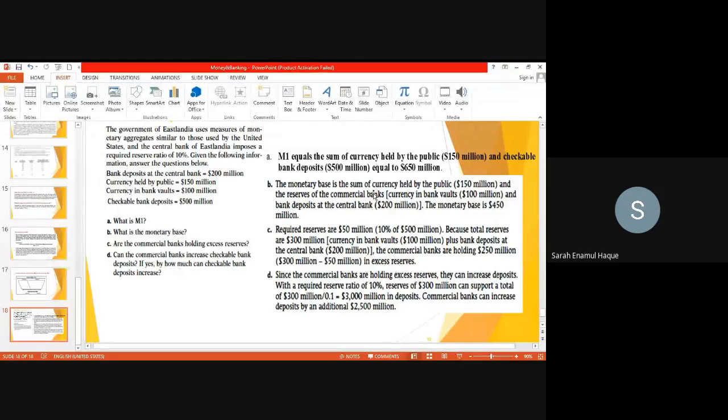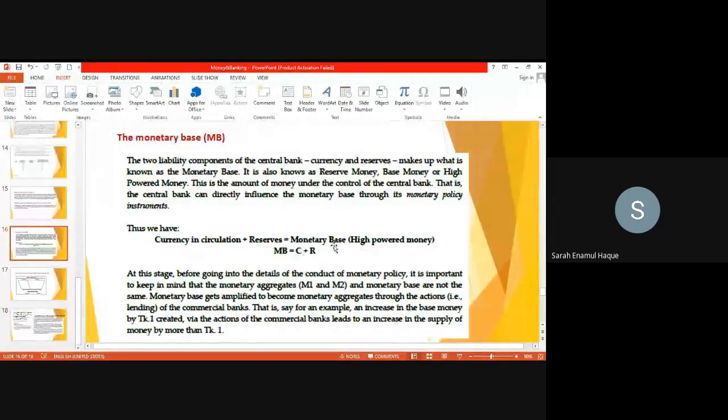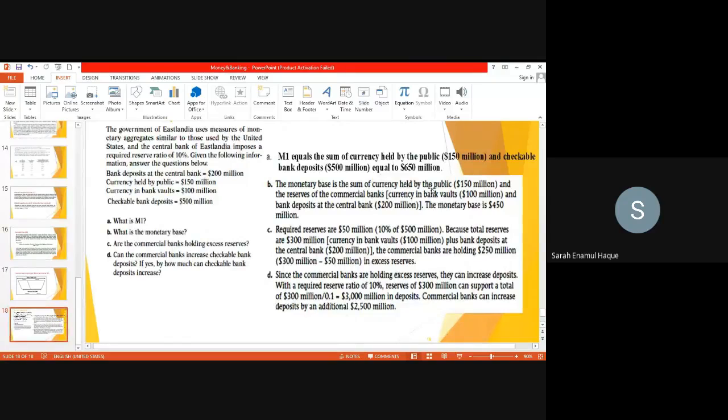Part B, because they're asking us for monetary base. What is the amount of monetary base? If you go back to this slide, monetary base is equal to currency in circulation plus reserves. Here, currency in circulation is basically the currency held by public.